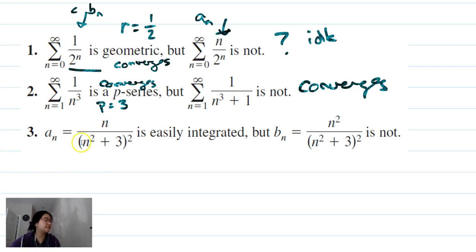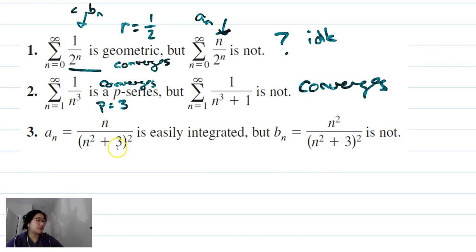What about this one? This is easily integrated, right? We can do a u-sub, and that's really nice. But this one is not easy to integrate. So is this helpful? If this is easily integrated, the terms of this sequence are less than the terms of this sequence, right? Because we have an n in our numerator here, but for b we have an n squared.